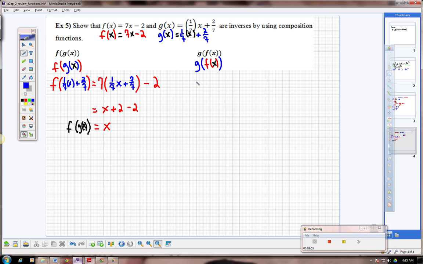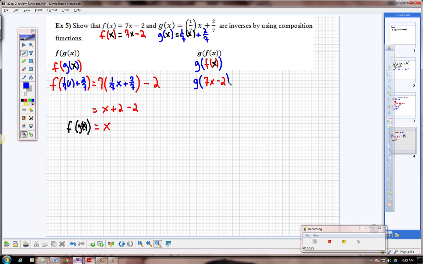So remember, I'm substituting f into g. F into g. And if you see, f is already inside a g. So that could be your little reminder on a test. F goes into g. So now I'm going to take everything in function f, which is 7x minus 2, and it's going into function g.